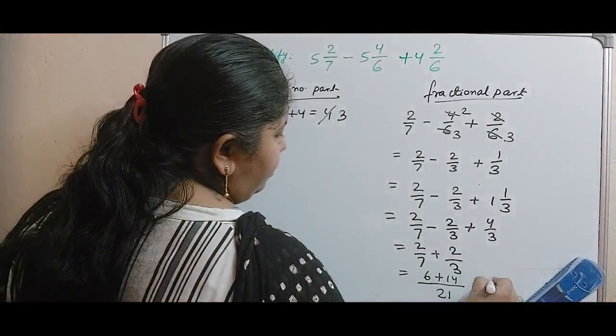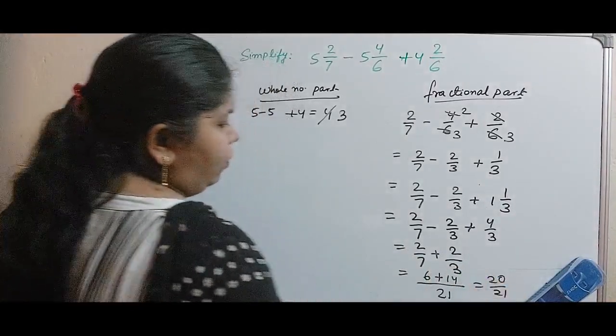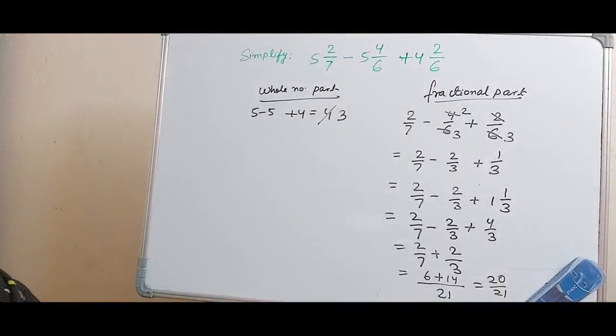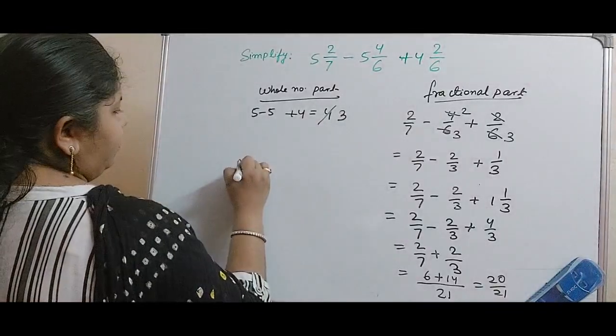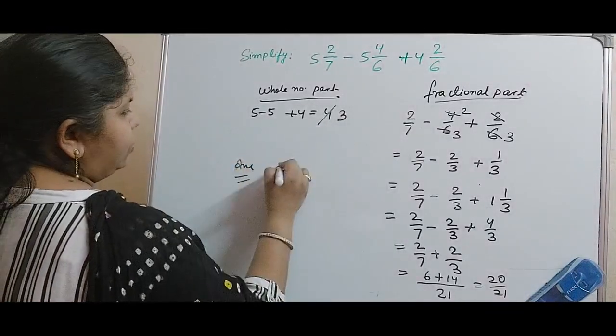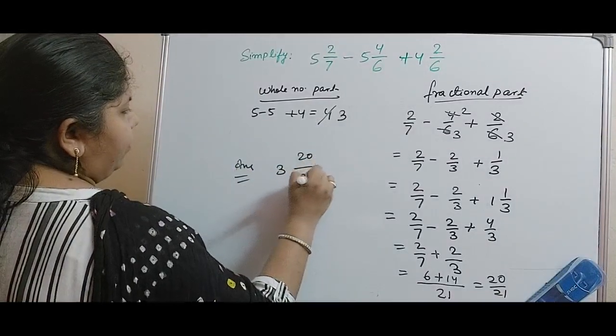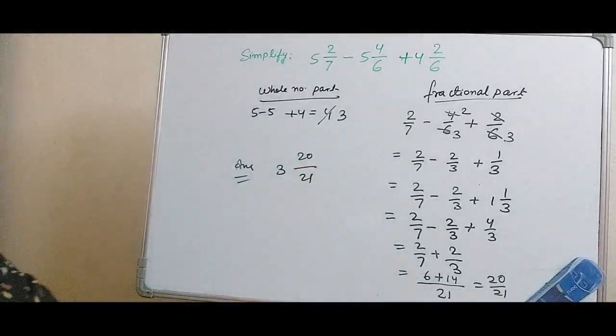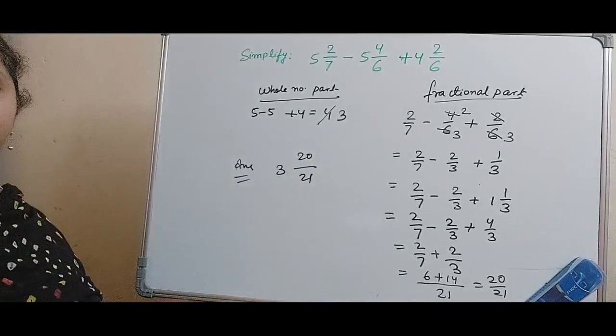So that is equal to 20 by 21. Now the final answer, what do you get? Combining these two you get 3 20 by 21. So in the alternate method also you can do it, no problem.